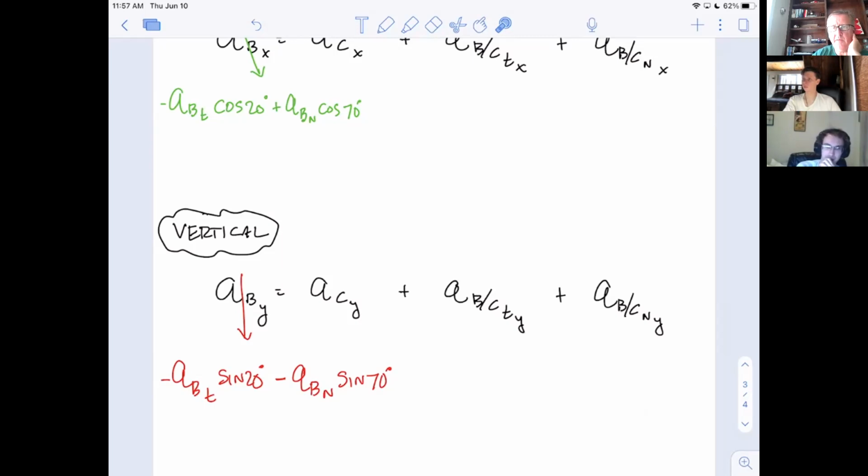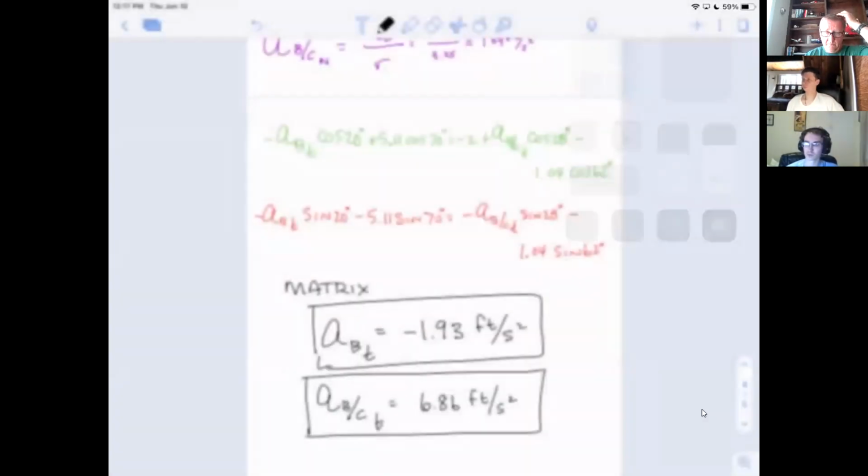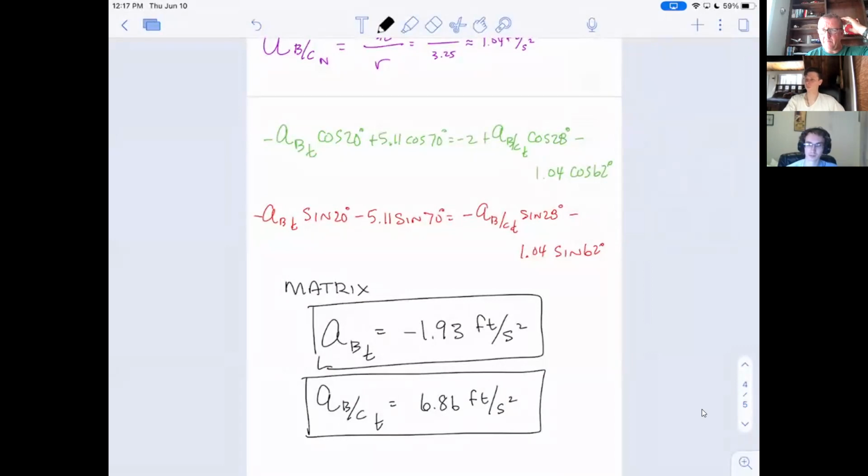I'm seeing the same, the two horizontal and vertical acceleration equations that are not finished. Let me stop sharing and reshare. Maybe it's overloading for some reason. Here we go. Seems to fix it.